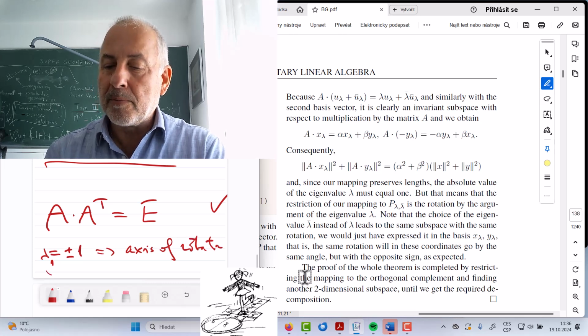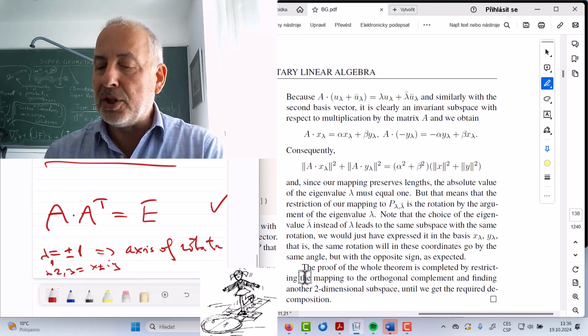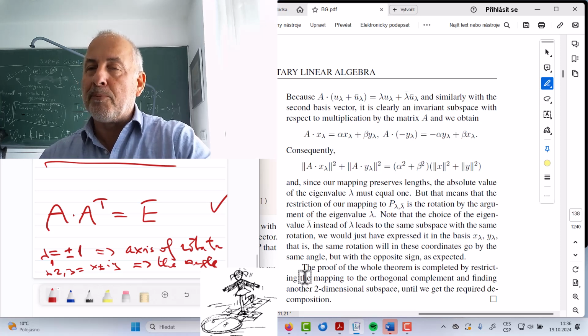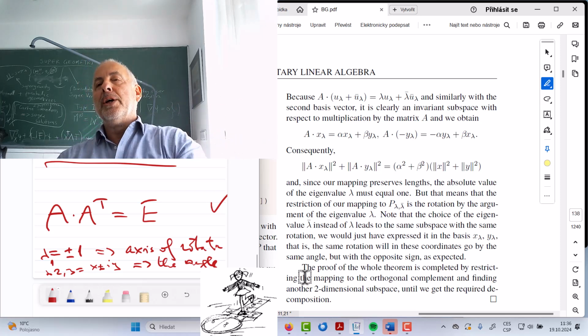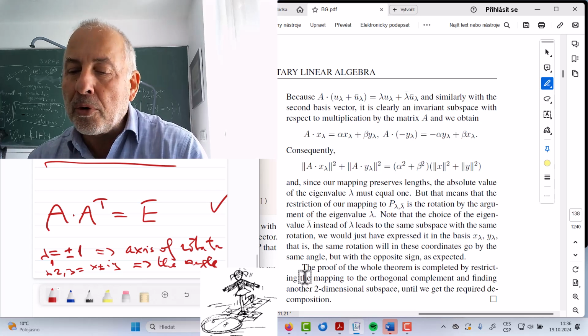And then there are lambda 2, 3, which are x plus iy and x minus iy, the two complex conjugate ones, and this gives you the angle. The angle is given by the argument of the complex numbers in the polar form.